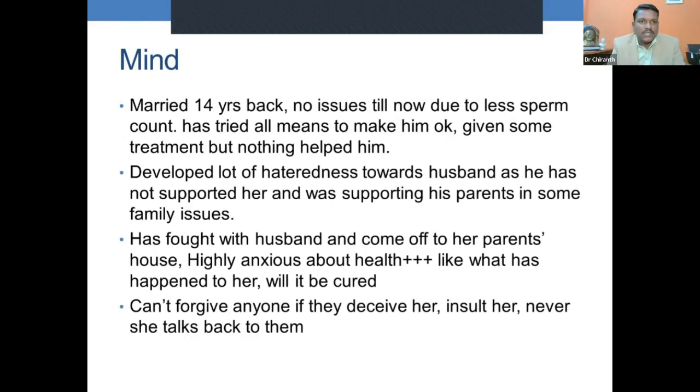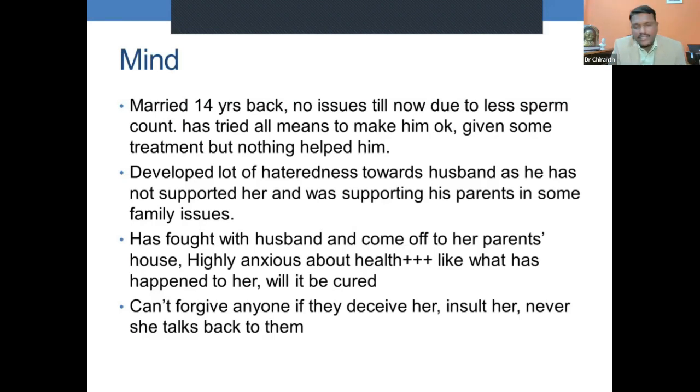So I dug into her mind, and she said she was married 14 years back and there were no kids till now due to the low sperm count of her husband. She has tried all means to make him okay and given some treatment, but nothing helped the couple.